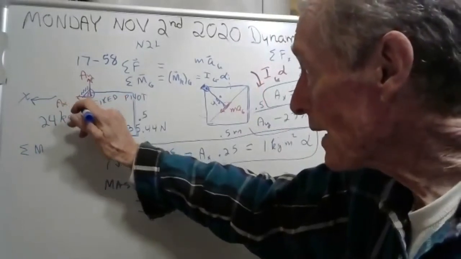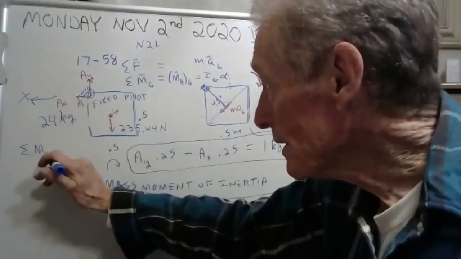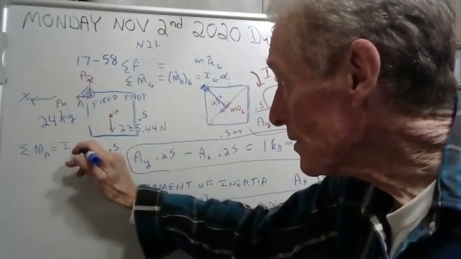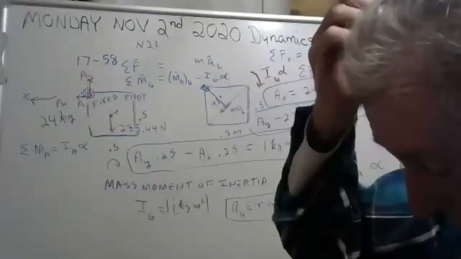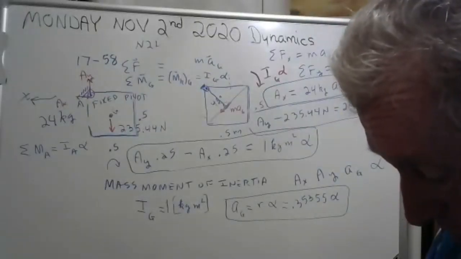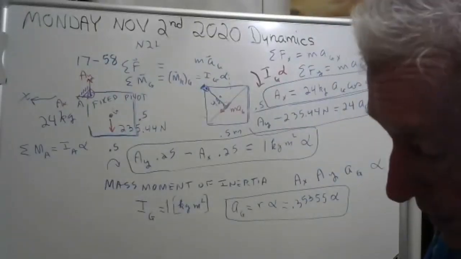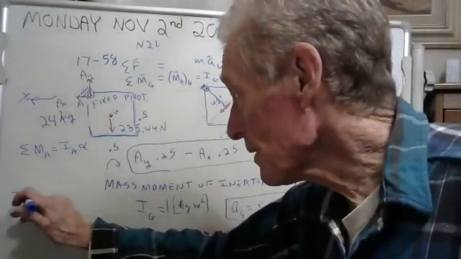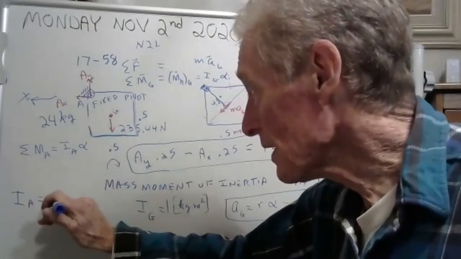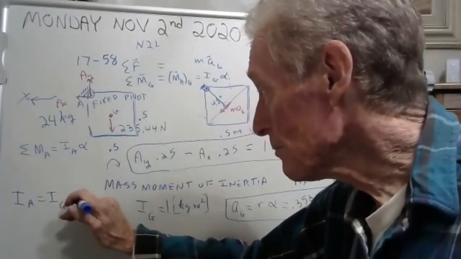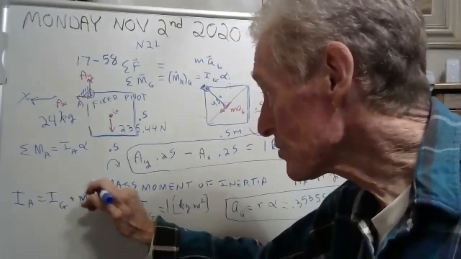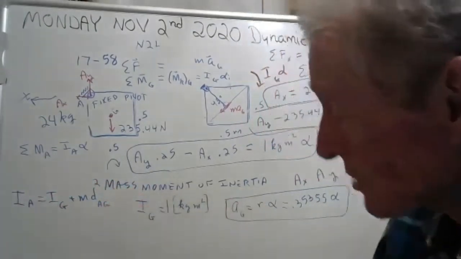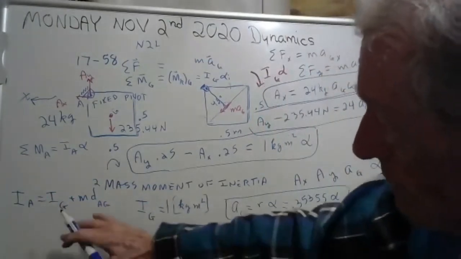Call that point A. If it's a fixed pivot, you can write that equation there, which I'll have to talk to you more about on Wednesday. But see, we can get IA, that's not a problem. IA is just equal to IG plus MD squared, the distance between A and G. They got a name for this equation.